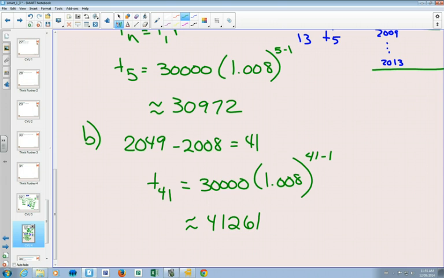And is that close to what the bottom says? Yes. Approximately 41,000. We just have more information there.